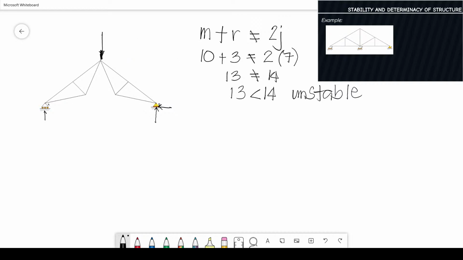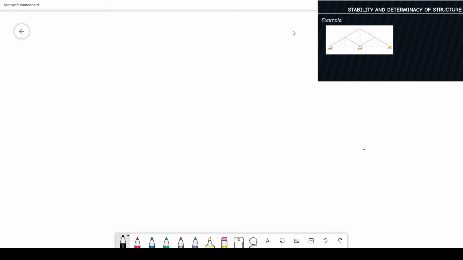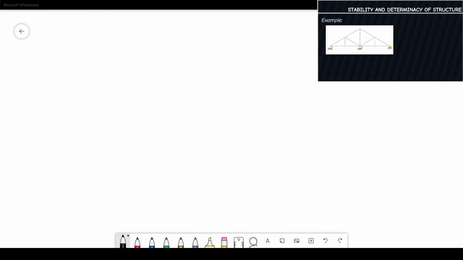Okay. So let's move on to the next. Next problem. So this is our last example for the determinacy of truss.